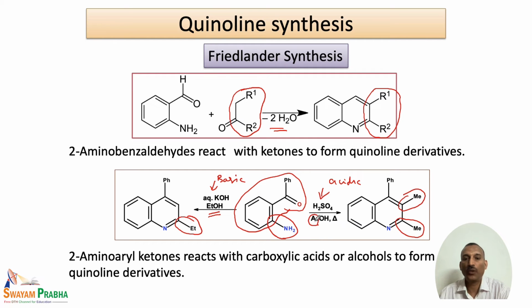So use of acetic acid introduces two methyl groups, and the use of ethanol in the basic condition introduces one ethyl group. So depending on how many substituents we want, we can choose, and the starting material is one and the same. That is, 2-amino aryl ketone is the starting material that can be converted to substituted quinolines under acidic or basic conditions.